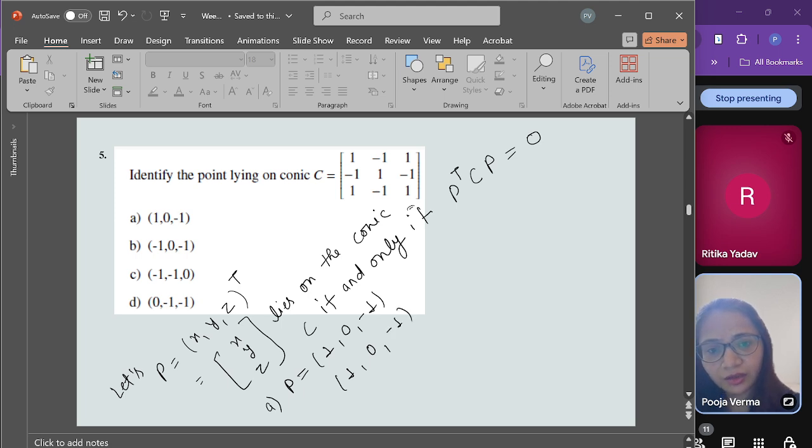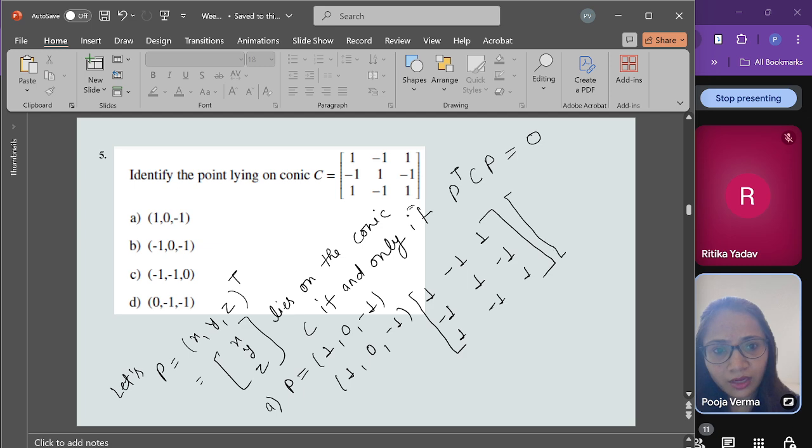Anyways, you can take any one. The conic matrix is 1, minus 1, 1, then minus 1, 1, minus 1, then 1, minus 1, and 1. Then the next one is P, which is 1, 0, minus 1. That must be equal to 0. Now can you multiply this please and let me know what the answer will be?